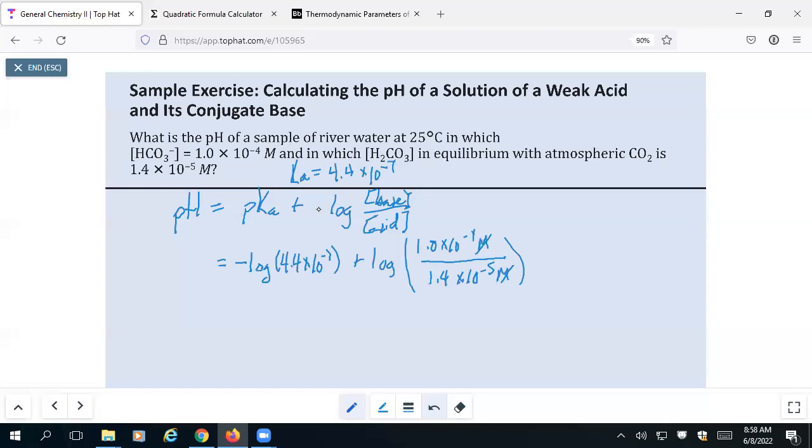The negative of that logarithm would be 6.36. Then 1 times 10 to the negative 4th divided by 1.4 times 10 to the negative 5th. Two significant figures go in, 2 decimal places come out, 0.85.